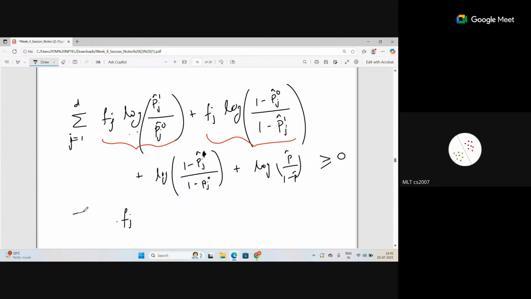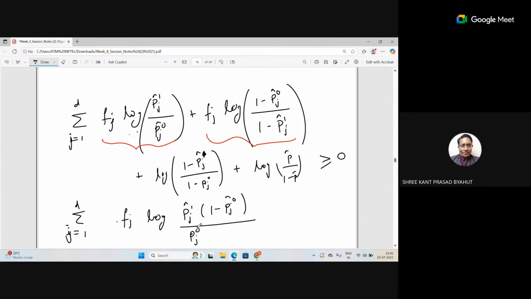So it can be summation of j equal to 1 to d, fj common, times log of p hat j 1 into 1 minus p j, over p j into p hat 0 j, 1 minus p hat 1 j. Right? And plus this quantity.